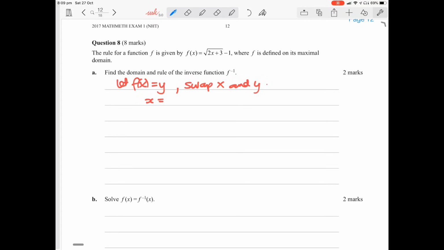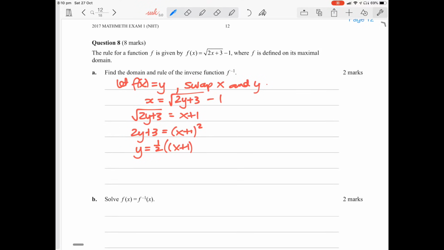So we get x equals root 2y plus 3 minus 1, root 2y plus 3 is equal to x plus 1. 2y plus 3 is equal to x plus 1 squared. y is equal to 1/2 times x plus 1 squared minus 3, f inverse of x. Let's just do a half x plus 1 squared minus 3 on 2.